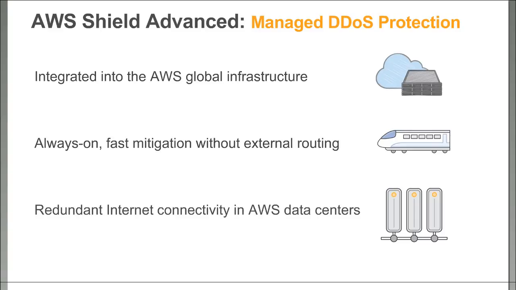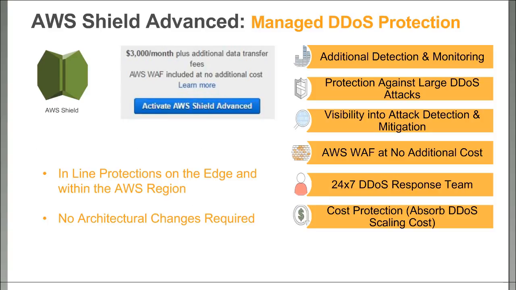So inline protection as requests are coming into the network, and redundant internet connectivity at each of our AWS data centers to ensure a high amount of bandwidth capable of handling the world's largest type of attacks. The AWS Shield Advanced service is available at a low monthly fee across a single account and adds a couple of things: additional detection and monitoring.